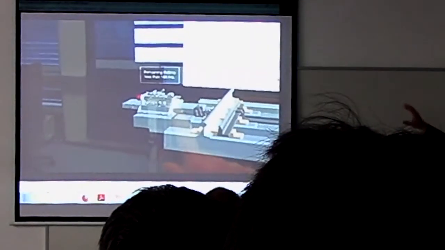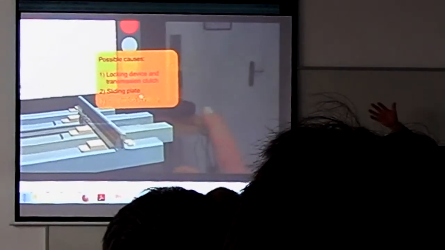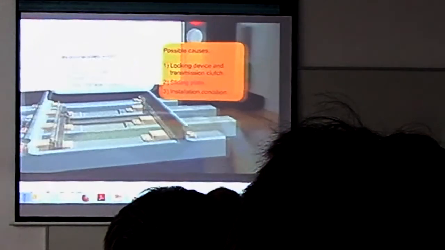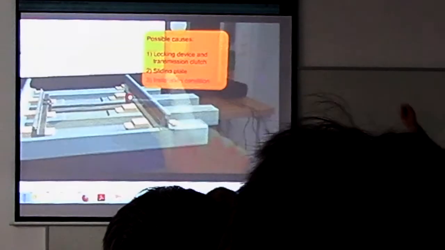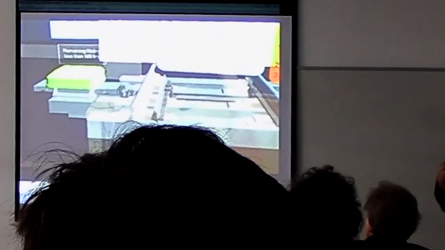Now you see that it's not blocking, but it's running badly. There are different reasons for this increased power consumption. It could be the locking device, the sliding plate, or the installation conditions. So the people who do the maintenance get these suggestions on what they should look up.